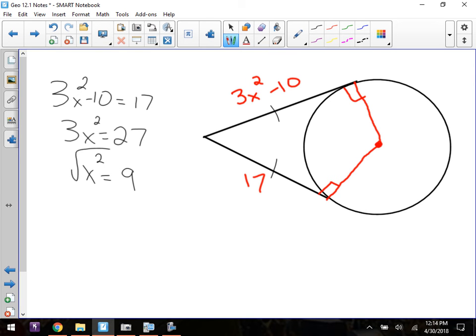So you take a square root over an equal sign. What do you have to do to your answer? Remember, when you take a square root over an equal sign, it's always plus minus.